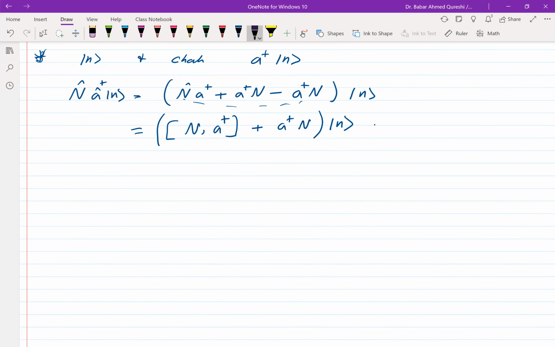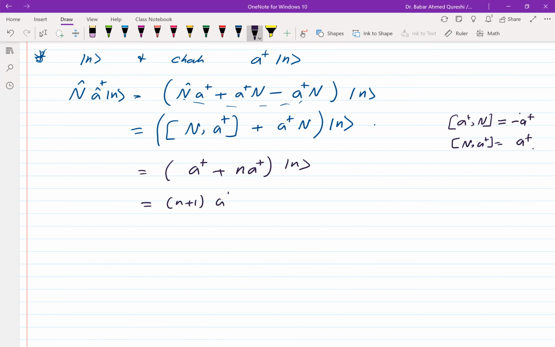Now, a dagger n commutator was minus 1, so n a dagger commutator is plus 1. I had a dagger n equal to minus a dagger, so n a dagger is plus a dagger. So I get a dagger, and when n acts on this, it picks up an n. So I get n plus 1 a dagger n. So a dagger n is also an eigenstate with eigenvalue n plus 1.